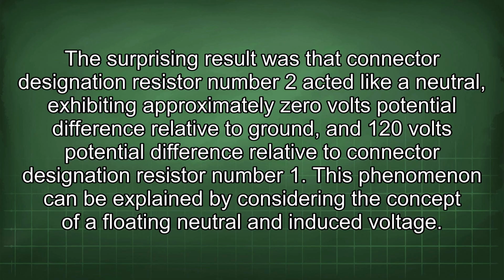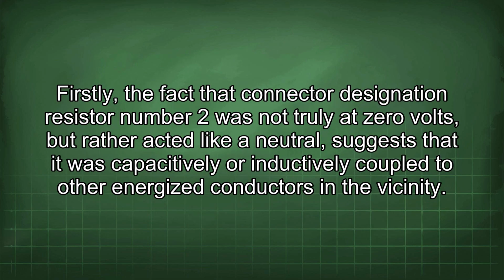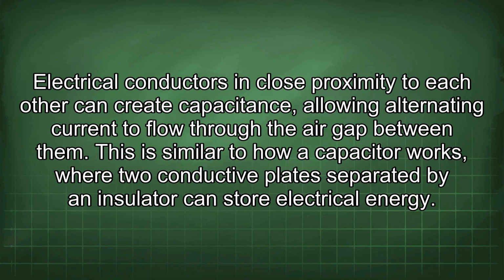This phenomenon can be explained by considering the concept of a floating neutral and induced voltage. Firstly, the fact that connector designation resistor number 2 was not truly at 0 volts, but rather acted like a neutral, suggests that it was capacitively or inductively coupled to other energized conductors in the vicinity. Electrical conductors in close proximity to each other can create capacitance, allowing alternating current to flow through the air gap between them.